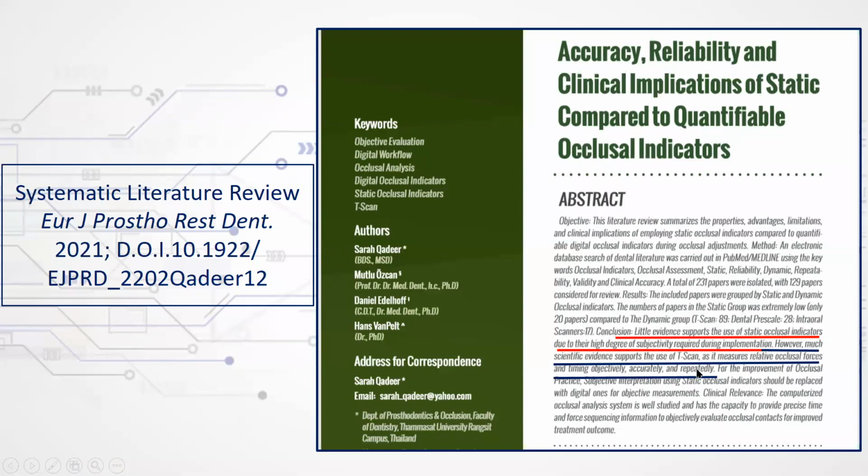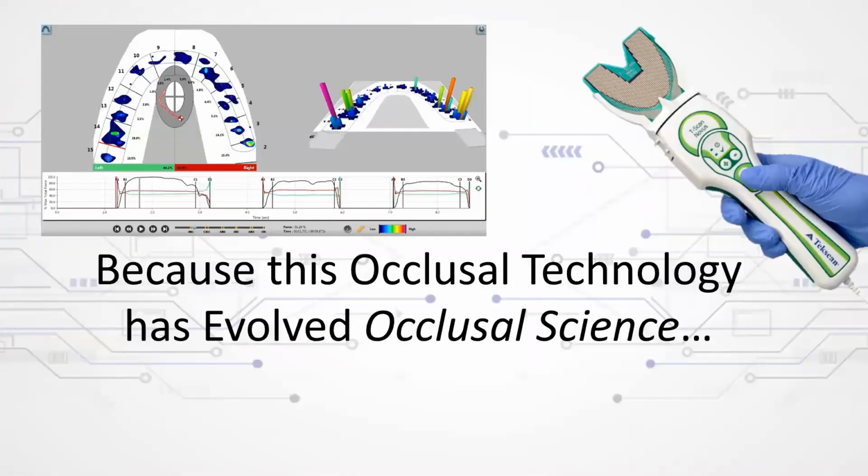And this is really important to your day-to-day practice of occlusion, because objectivity, accuracy, and repeatability allow you to make very intelligent decisions about the patient's occlusion diagnostically and during treatment.